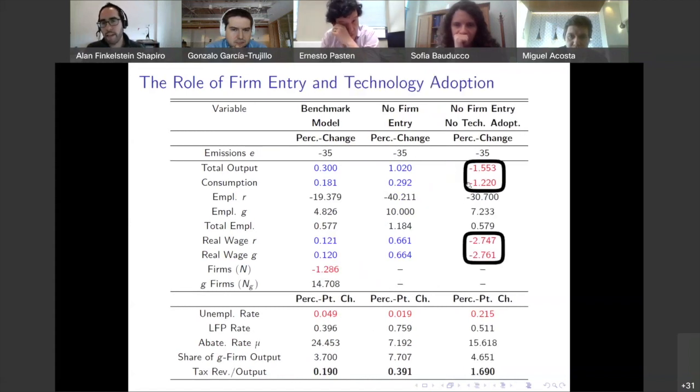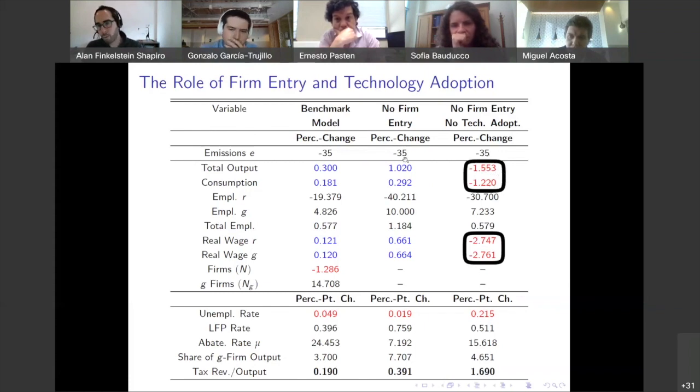In this last column, you end up seeing adverse effects on output, consumption, and income or wages, consistent with the standard models that don't take into account this technology adoption decision that firms can make, which we think is a relevant adjustment margin when firms adjust to policy. Here we're basically replicating other papers that look at similar reductions in emissions via carbon tax, and we get very similar effects on output and consumption.